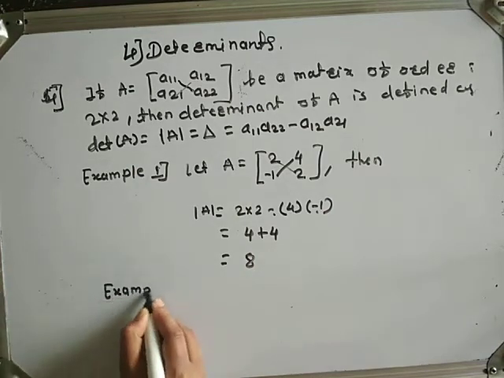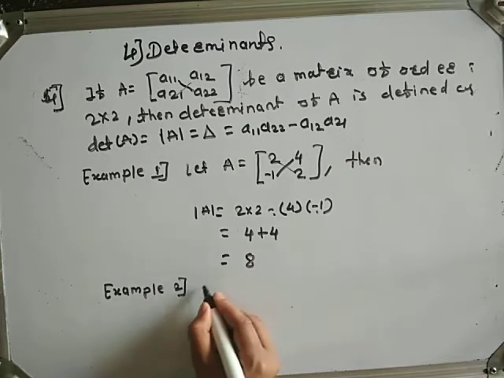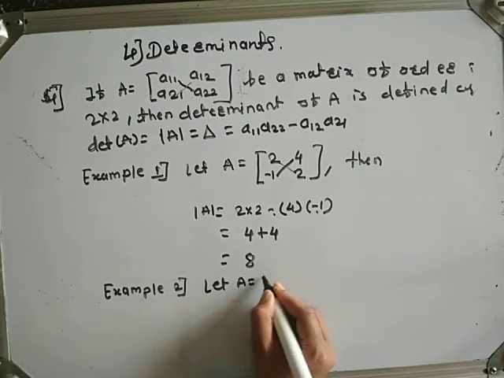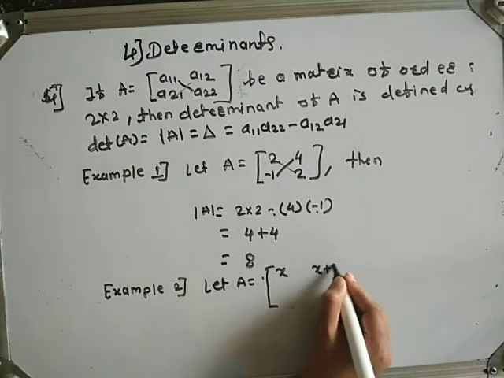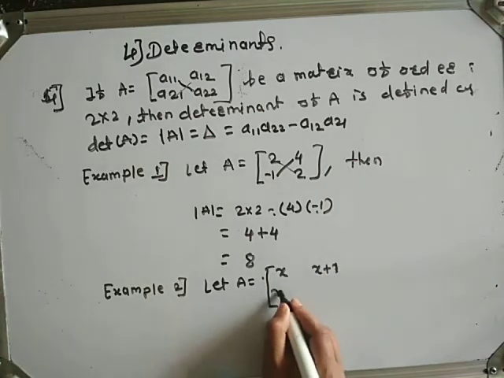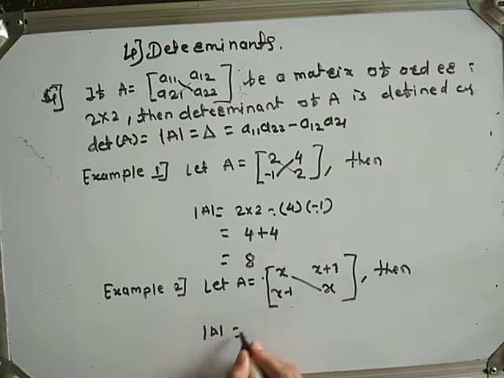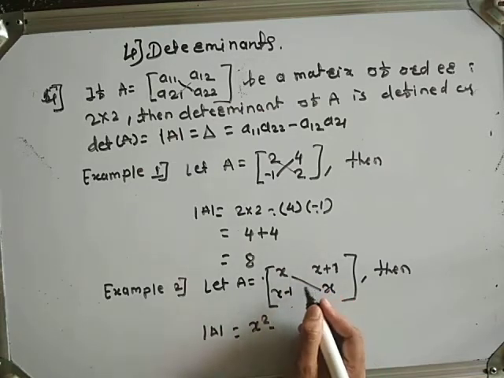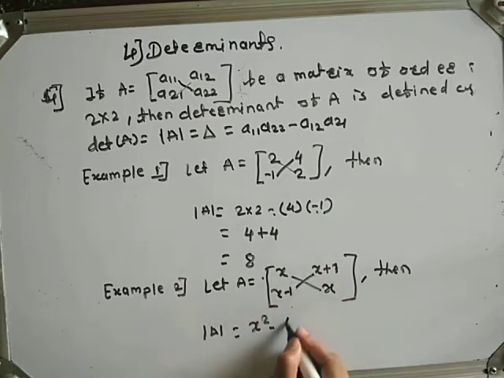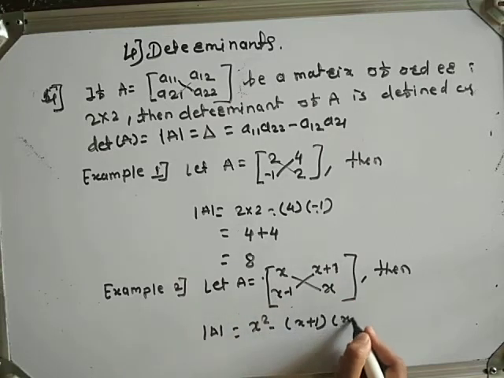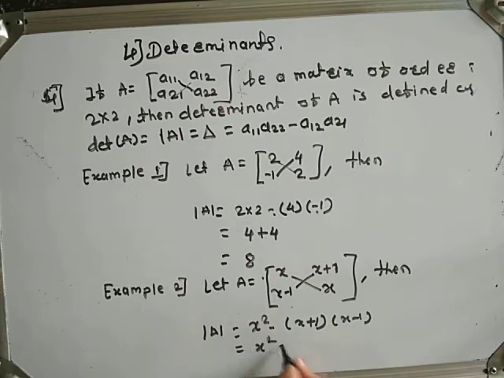Example number 2: let A be the matrix x plus 1, x minus 1, x. Then determinant of A equals x into x, which is x square, minus x plus 1 into x minus 1, which equals x square minus in bracket x square plus x minus 1.